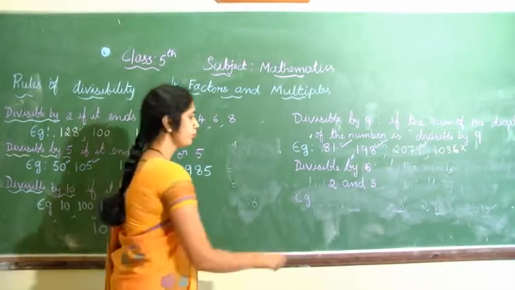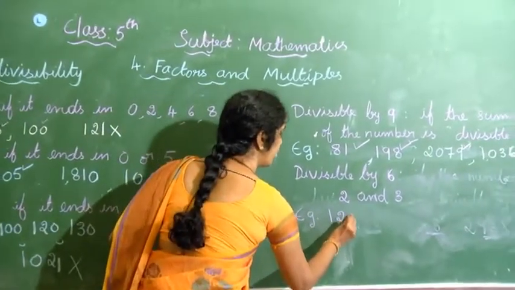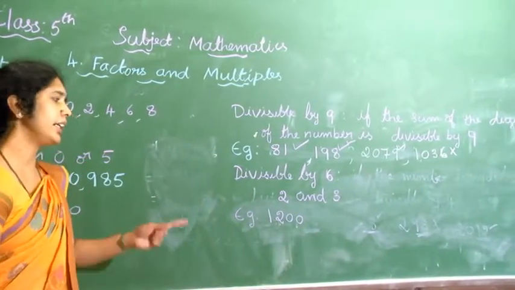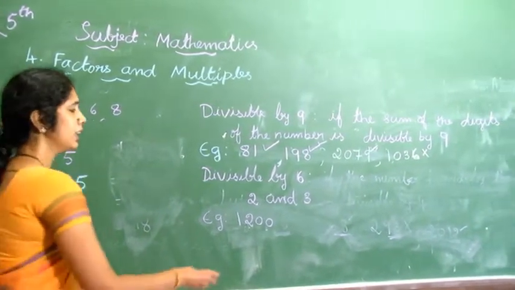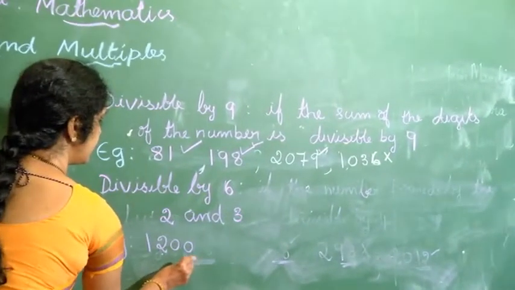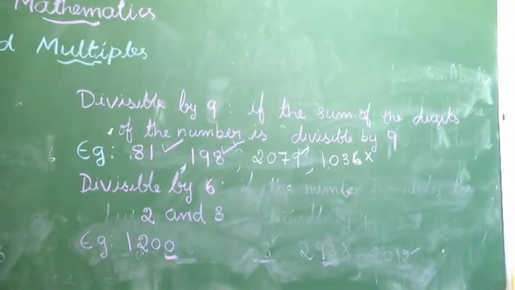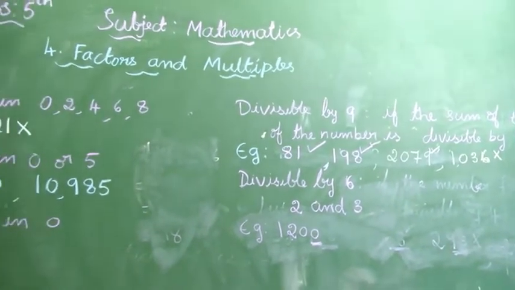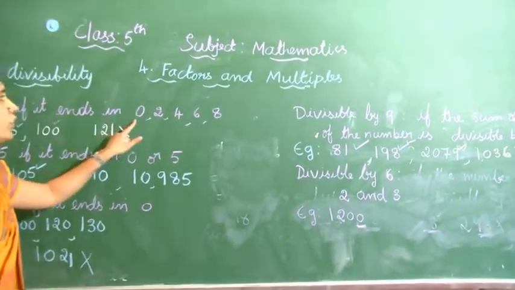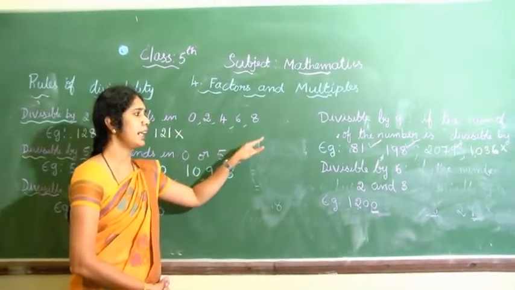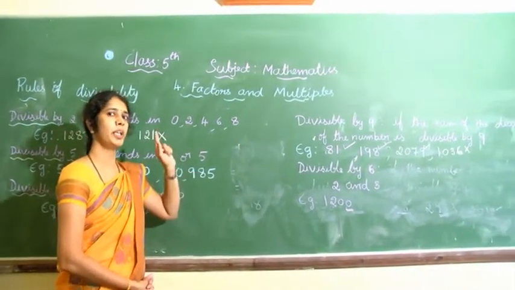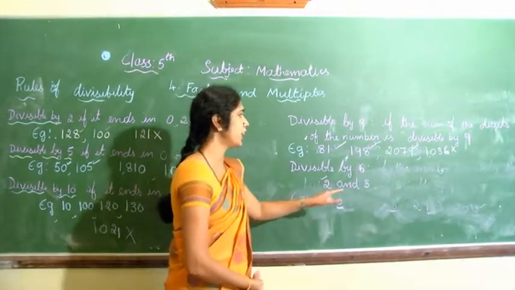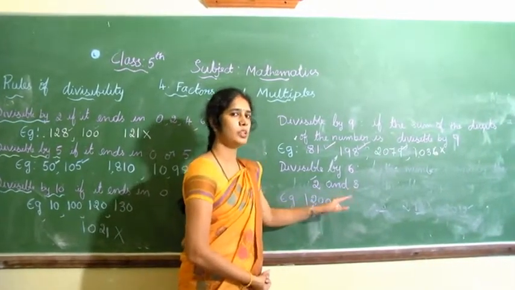1200. Here you can observe that the last digit is 0. What does the divisibility test of 2 tell? If the last digit is 0, 2, 4, 6, 8, then it is divisible by 2. It is divisible by 2. Then we have to check 3 also.